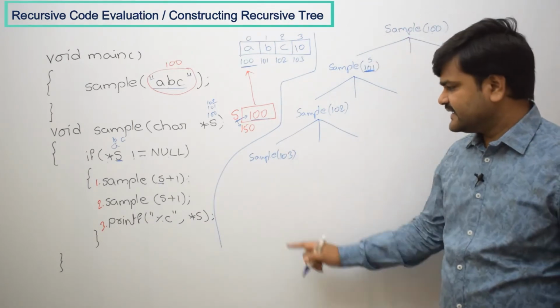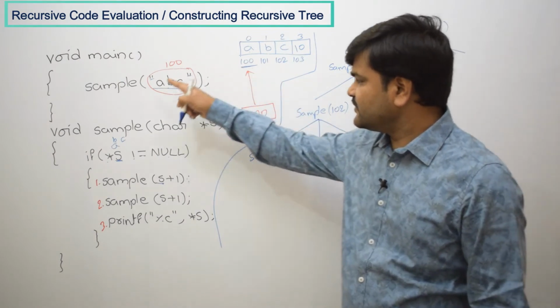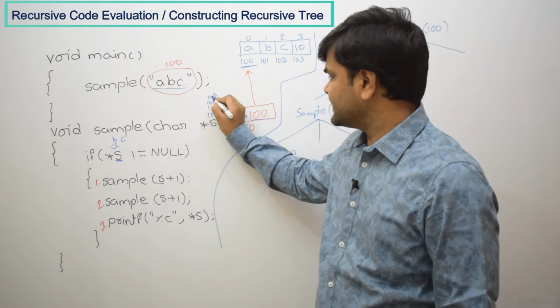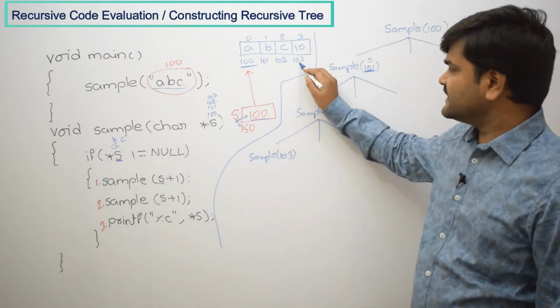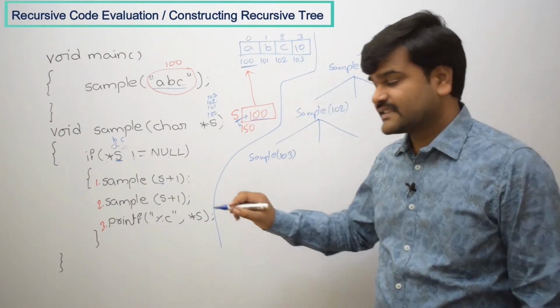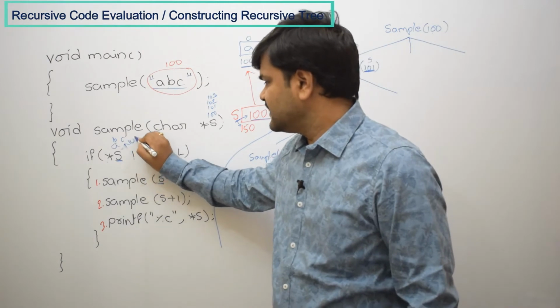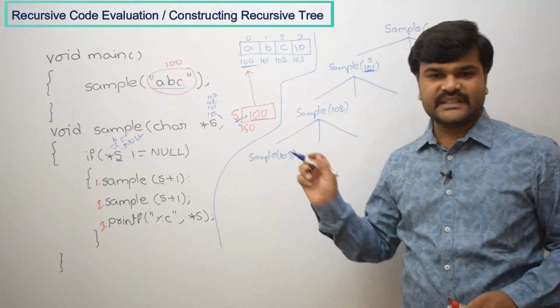Then we are going to execute this statement. Now with 103 it came to this function. Now star 103. In 103 what is there? A null character is there, so that is actually null. So null not equal to null: is the condition true or false? This is an important step here.